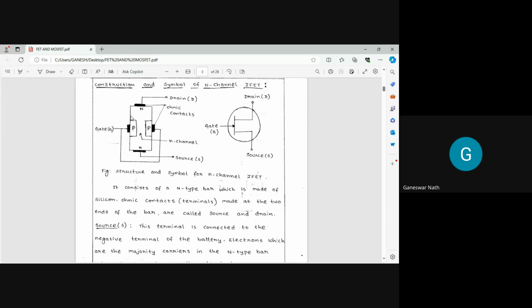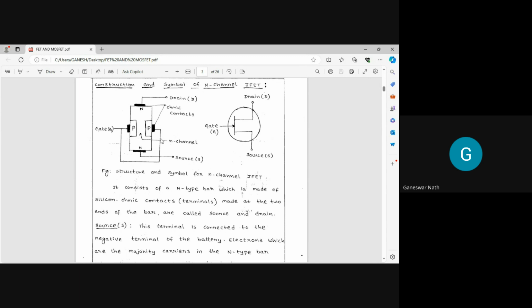Then you can find this left side is called the gate terminal, and this is called the ohmic contact. Within an N channel substrate, the P region is the gate, and this is called the source here.